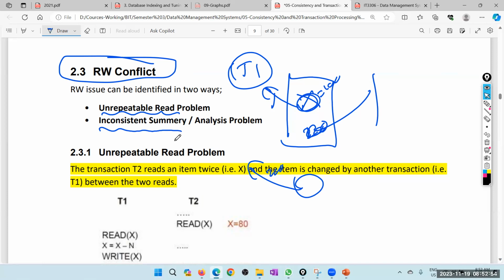So then, if you are a critical thinker, you can ask something like this: why do you want to read the same value twice? Because you have already read it. The answer is that maybe it is part of a calculation. Say you are running a transaction that involves generating two reports.